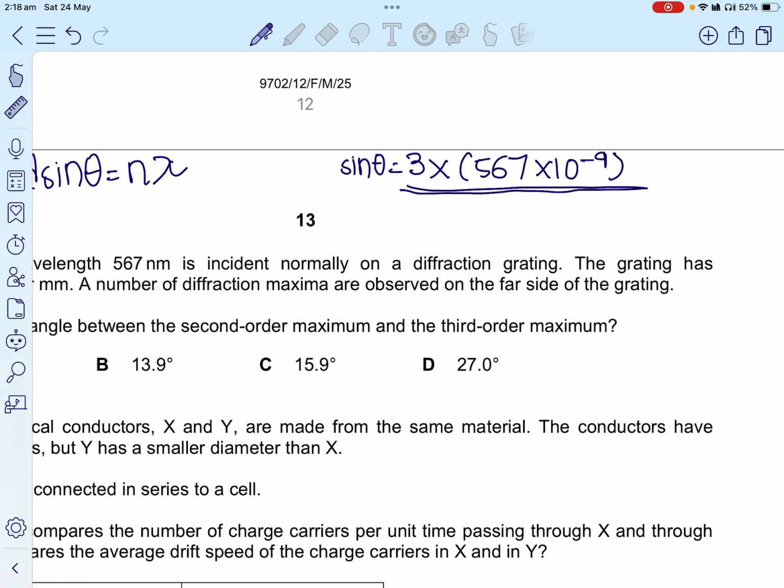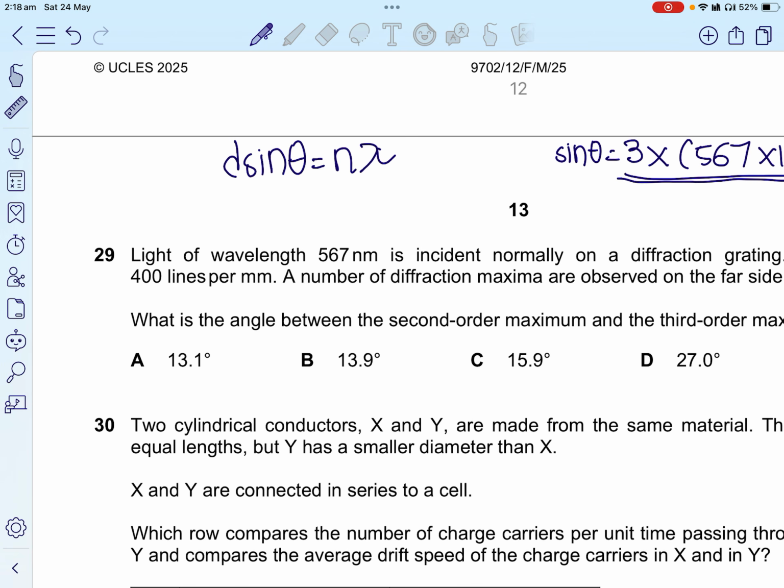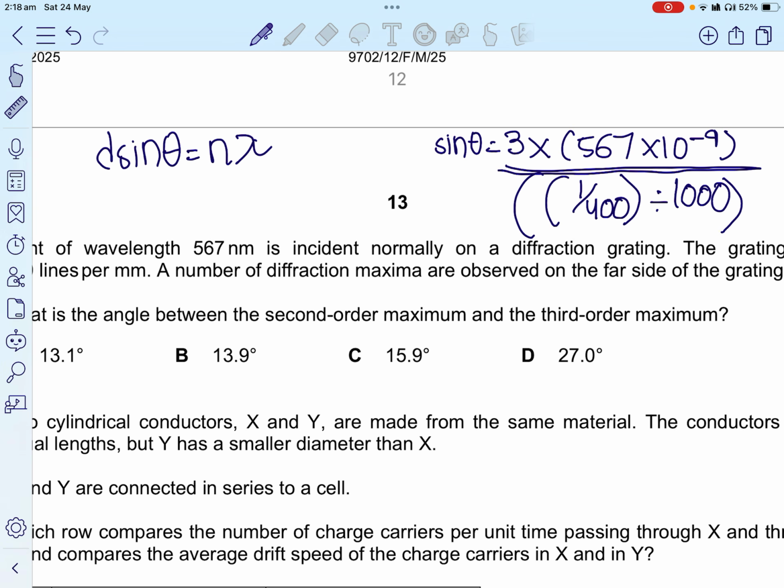Now d is the confusing value. What does d refer to? It refers to the distance between the two lines. In this case you have 400 lines per millimeter. So ideally the distance between one of them would be 1 over 400. But since this is in millimeters, you have to divide this by 1000 to get this in meters and put this entire thing in brackets.